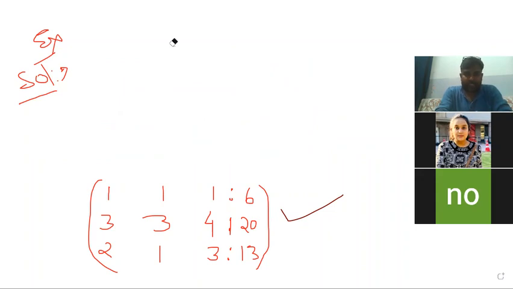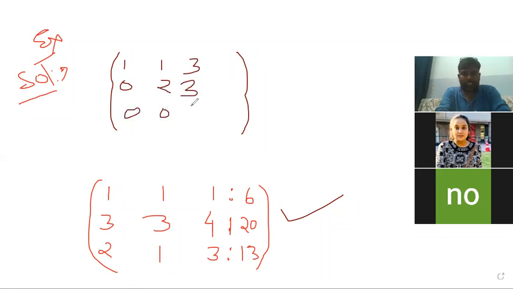So please listen carefully. Our target is that our values should be in this form: 1, 2, 3, 0, 2, 3, 0, 0, 4. It is just an imaginary value we have written.